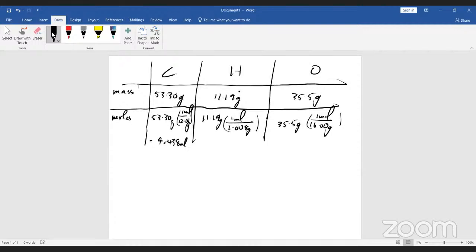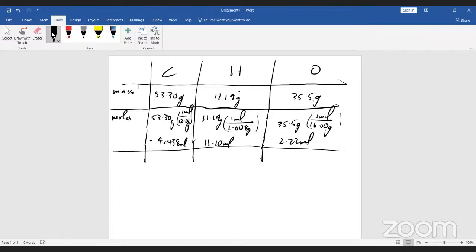In the case of hydrogen, divided by 1.008, I got 11.10 moles. And finally, in the case of oxygen, that's 35.5 divided by 16. So I got, in this case, 2.22 moles. All right? Okay, what's the next step?